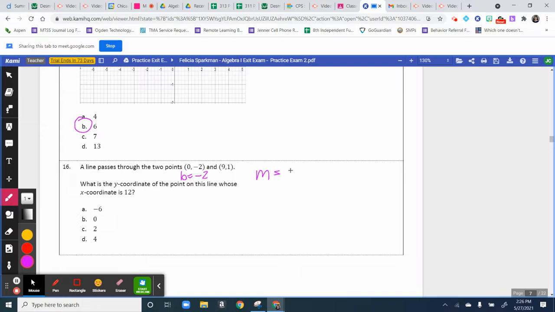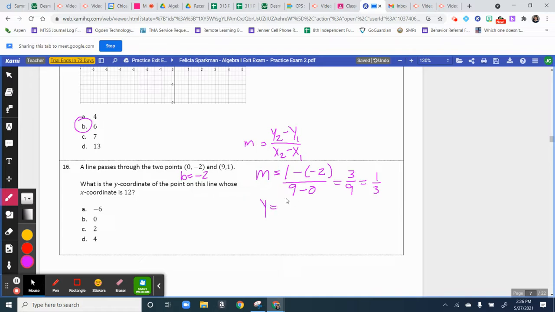So we're going to do 1 minus -2 over 9 minus 0 is 3/9. Okay, so that's our slope. Remember, y2 minus y1 over x2 minus x1 is the slope.